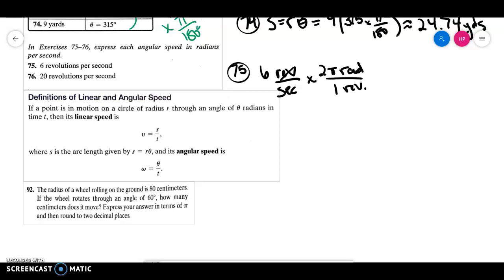And so, again, my revolutions are going to cancel. So 6 times 2 pi is just 12 pi. And then I end up in radians per second, which is my angular speed. That's what I was looking for. 76 would be exactly the same thing. We would just take that 20 and multiply it by 2 pi.